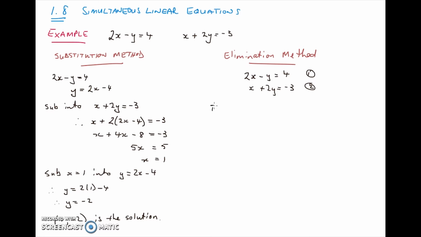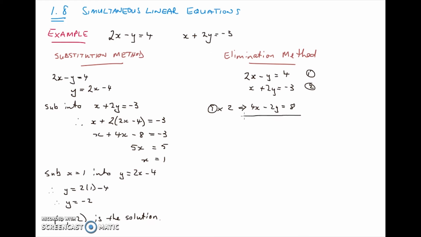So what we'll do in this case is multiply equation 1 by 2. So then that will change our equation 1 into 4x minus 2y equals 8. Every term must be multiplied by that number.